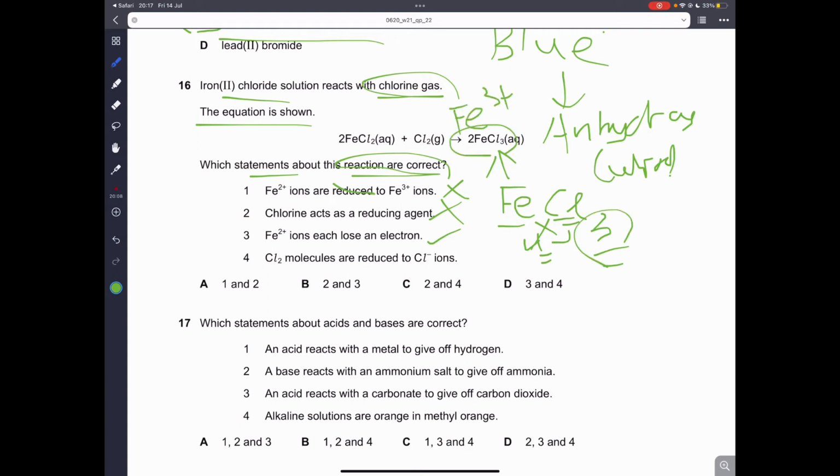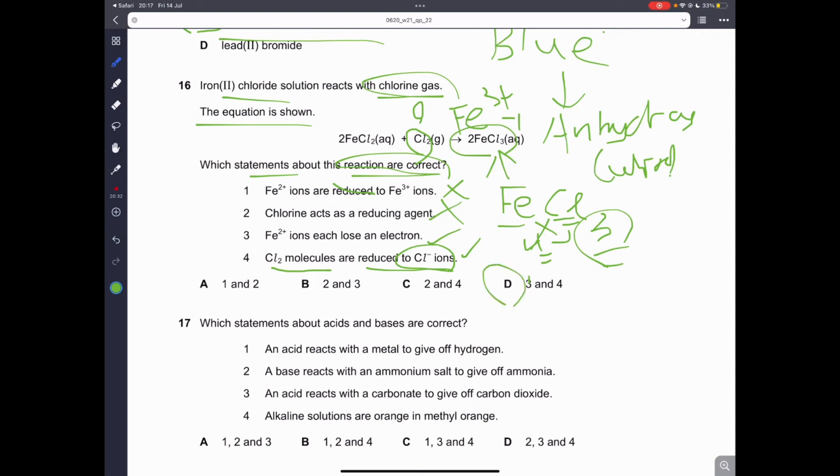Okay, Cl2 molecules are reduced to Cl- ions. This is also correct, because you can see the chlorine molecules are being reduced into chloride ions, which is -1, and this is a decrease in oxidation state, and therefore D is the correct answer.